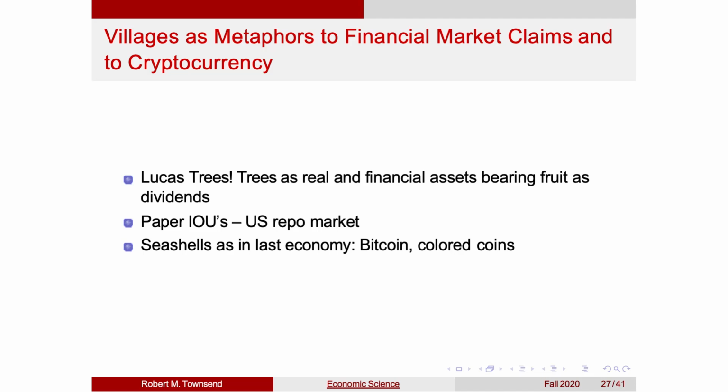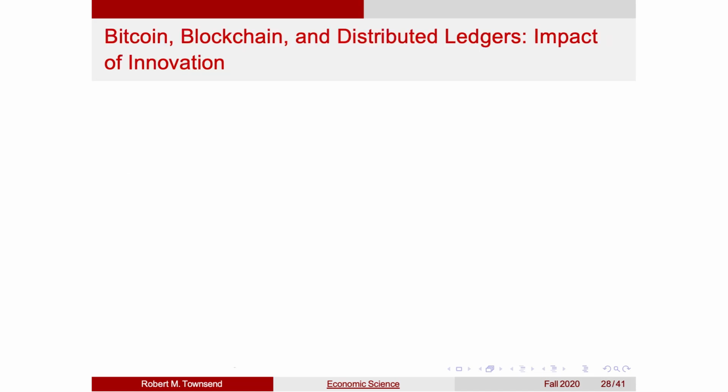So I've gone all the way from villages, if not primitive economies, to not only modern day financial markets, but also to Bitcoin. And in the class I'm going to maintain and come back periodically to a study of Bitcoin, of blockchains and distributed ledgers, thinking about it as innovation in the technology.